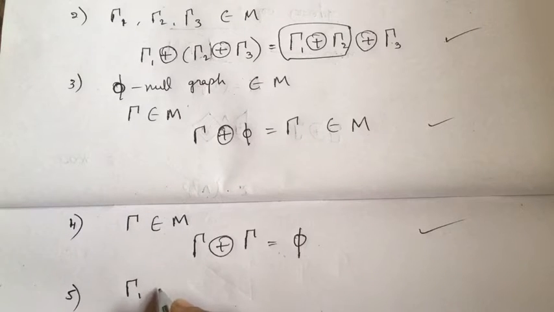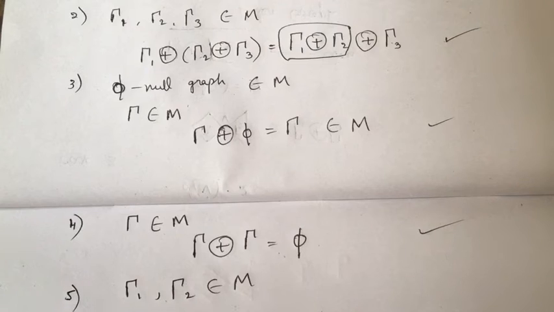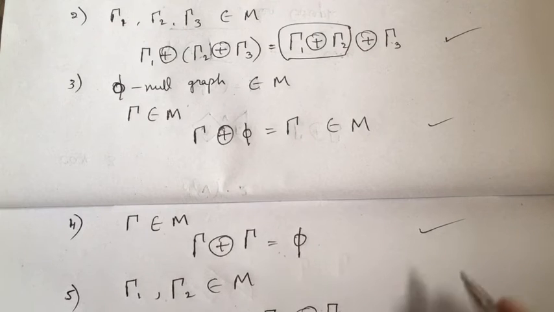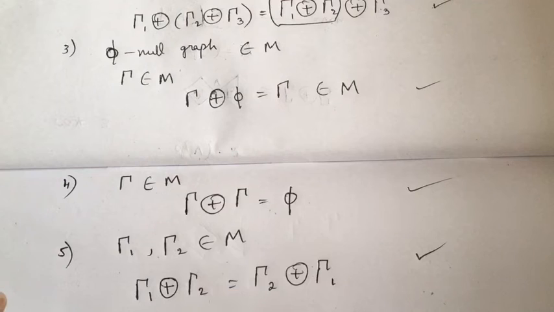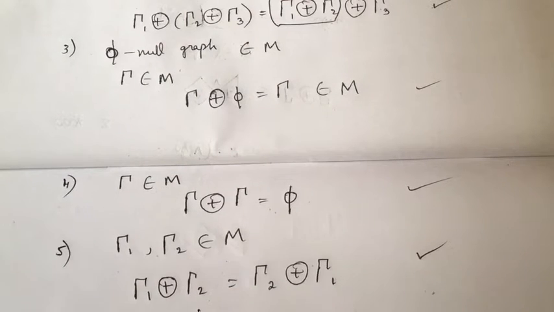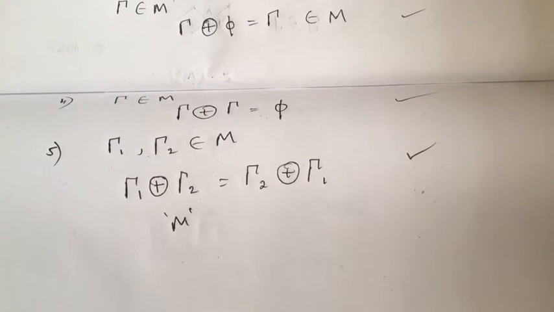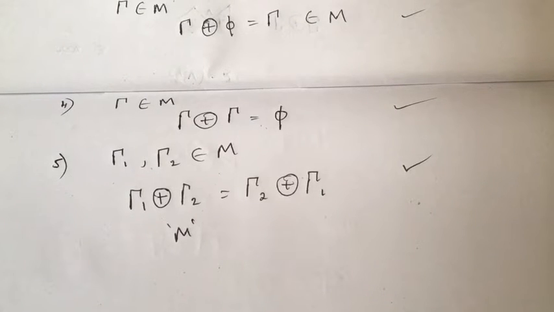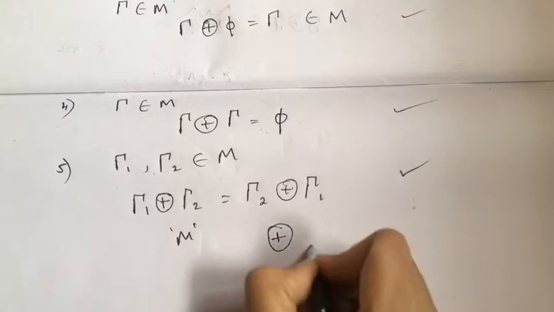If gamma 1 and gamma 2 are in M, ring sum of gamma 1, gamma 2 is same as ring sum of gamma 2, gamma 1. So commutative property holds good. Thus M, the set of all circuits or edge disjoint union of circuits, forms an abelian group under the ring sum operation.